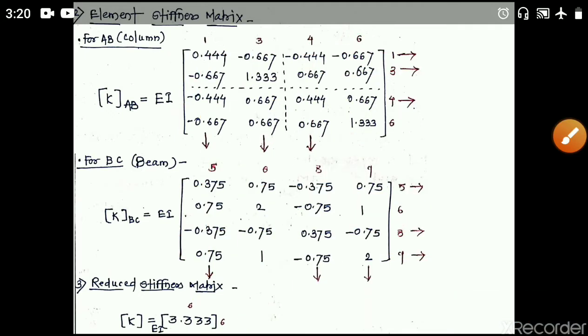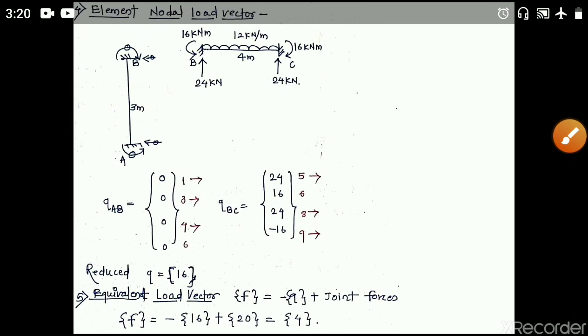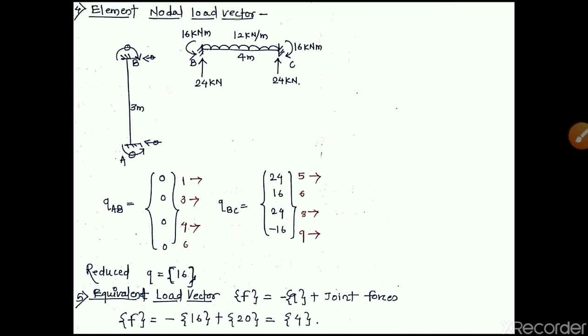Once you get this reduced stiffness matrix, calculate the element nodal load vector. For that, draw the two members separately, member AB and BC, showing all supports as fixed supports, and calculate the fixed end moments and reactions. Member AB is a column not loaded with any load, so moments and reactions are 0.